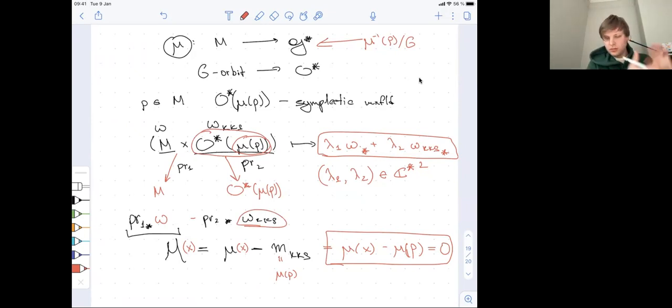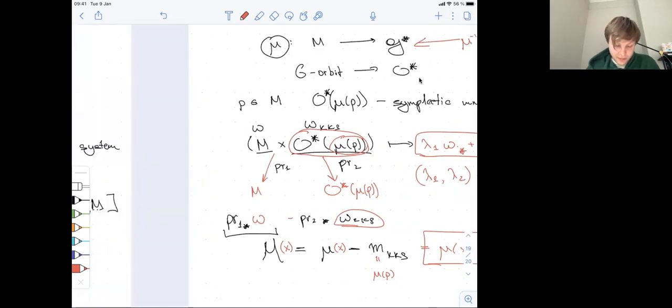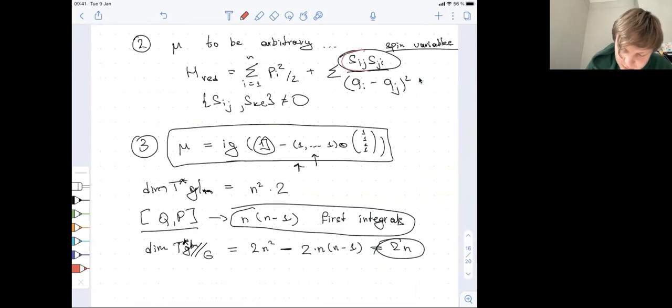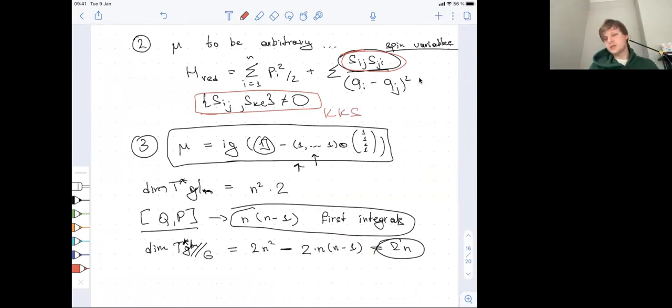You have some Darboux coordinates on your initial space, plus these constant Kirillov-Kostant variables, and when you perform this reduction for the Calogero system, that's why the spin variables, which I told you are given by the constant Kirillov-Kostant symplectic form, appear in the story.